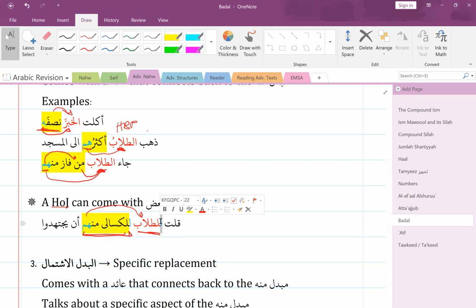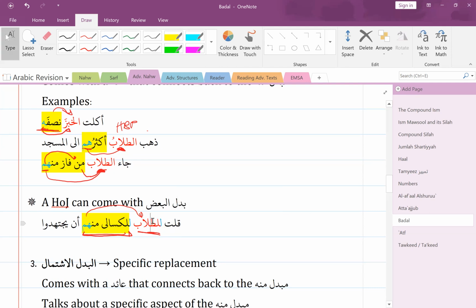It can never come with any other kind of harf. It's always going to be one of the huruf jar. Okay, so there are two ways you can look at it, I think. You can either say that this is maybe متعدي بحرف للطلاب. You can look at it that way. You can say this is jar majrur متعلق بالفعل.